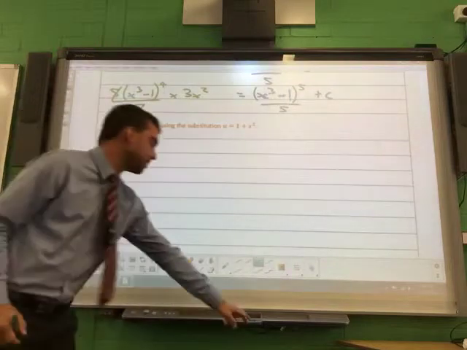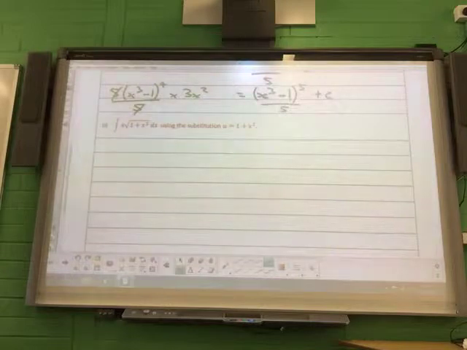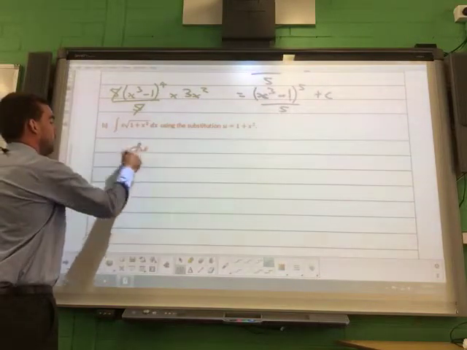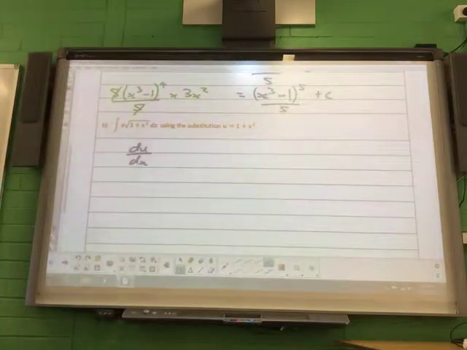Second one. The integral of x outside of the square root of 1 plus x squared, and we make that substitution. The substitution will usually be some part of your function. So, we need to do a du/dx from the substitution, so you need to differentiate that.